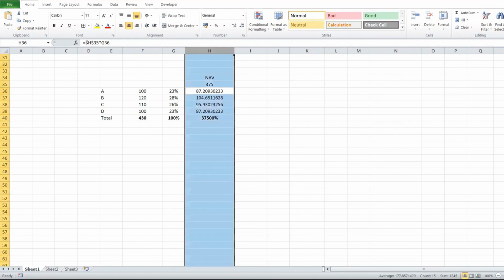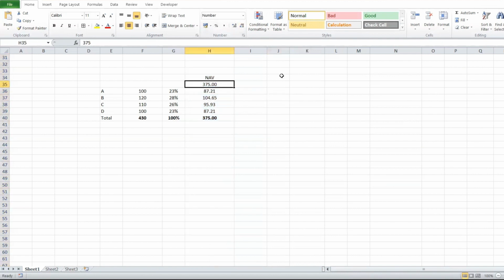What is this 375? If you see closely, this is actually equity. If I ask you what is equity, equity is nothing but part of your capital.